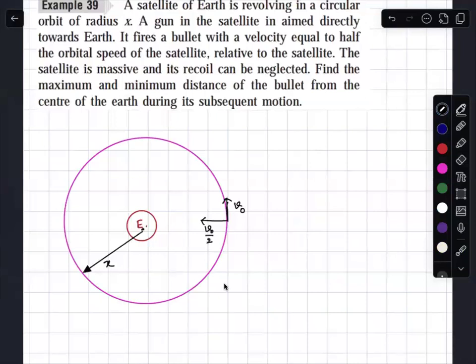So the resultant velocity is in this direction. The resultant velocity is root of V0 square plus V0 square by 4, which is root 5 by 2 V naught. And don't forget, V naught is nothing but root G capital M by X. Don't forget that. Any doubt on that? You know why you will make a mistake? I'll explain. You will compromise it.